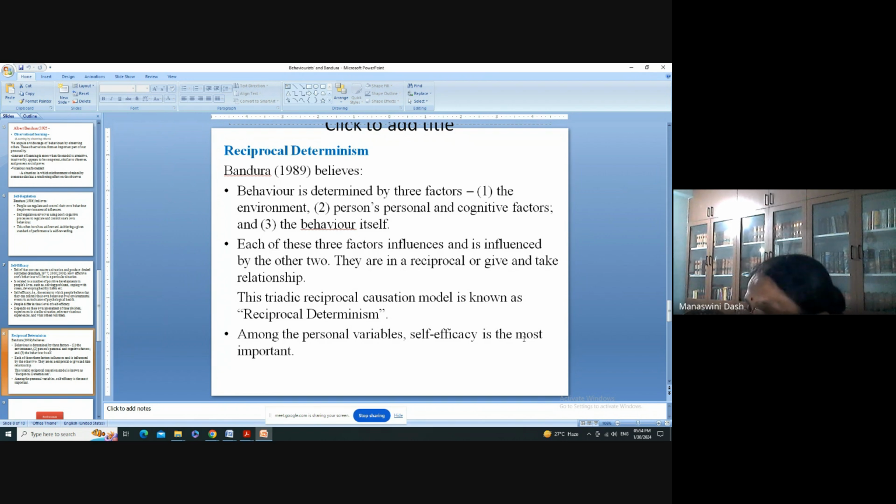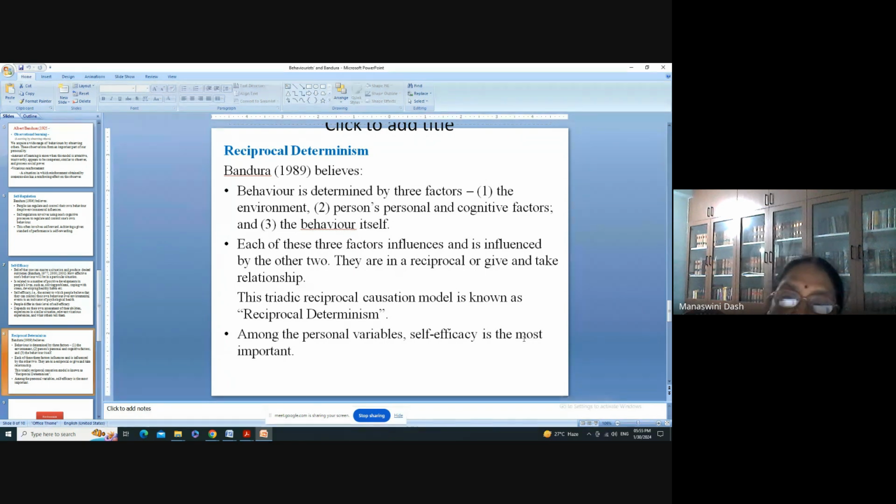Suppose I give you an example. Suppose the environment is that you are in a class which is very boring to you. So the environment is boring to you. Second, you are the person, and your personal belief is that by your behavior you can make other people happy who are in the class and feeling bored.